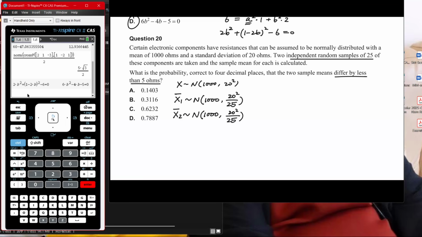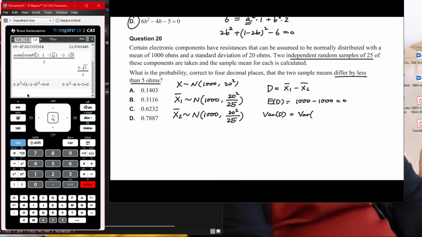This is a very common type of question since 2019, I would say. You would need to find a difference variable, which is D equals X1 bar minus X2 bar. So the expected value of D is 1,000 minus 1,000, which is 0. But for the variance, you have to be careful.